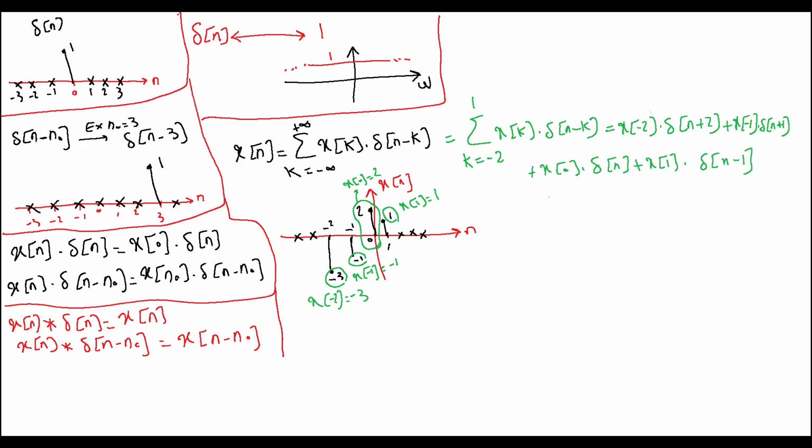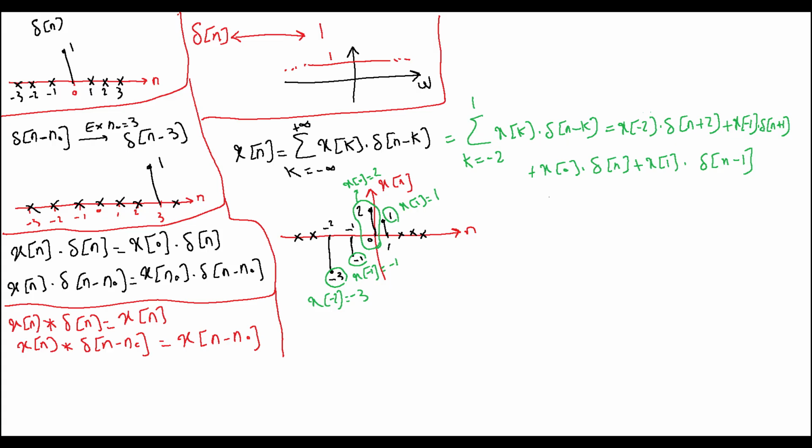Now we can substitute these values. Since the signal exists from n equals minus 2 to n equals 1, the summation is written from minus 2 to 1.